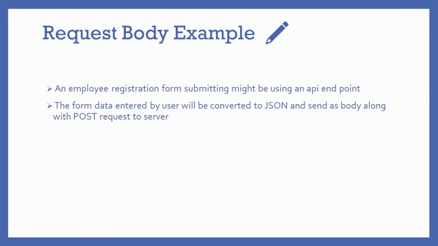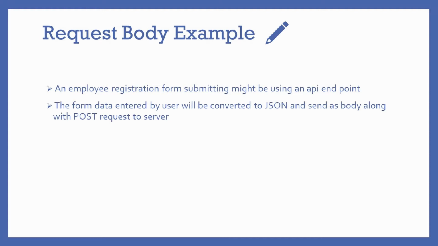To give an example, assume you are working on an employee management portal. This portal is used to insert a new employee whenever a new employee joins the company. So as a company admin, you insert all the details of a new employee in a form and try to save it in the system.